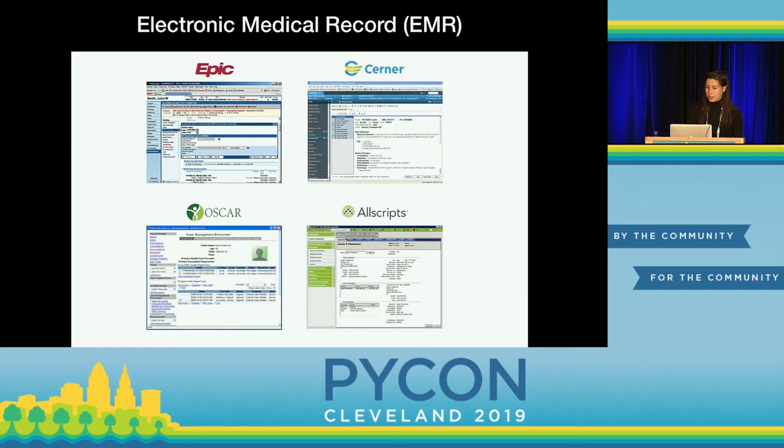As some of you probably already know, healthcare data is known for being fragmented and decentralized. There are hundreds of electronic medical record systems out there. And while all of these systems store the same type of data, their interfaces and data schemas can be extremely different.